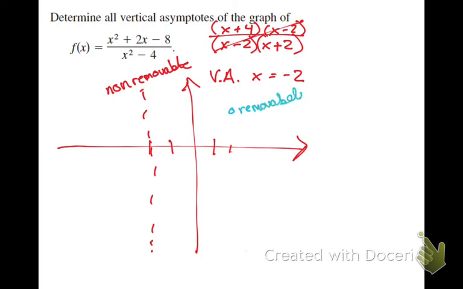But anyway, there is a question on your test that says find the points of discontinuity and state what kind they are. So you're going to have removable, non-removable, and we could have vertical asymptote, yes? But the vertical asymptote is the same as a what? Non-removable.